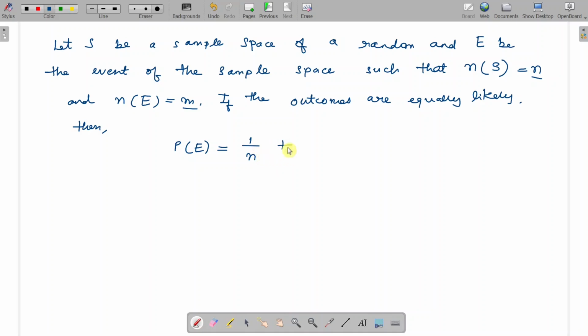So 1 by n plus 1 by n up to 1 by n. Now we have to look at how many times this occurs.